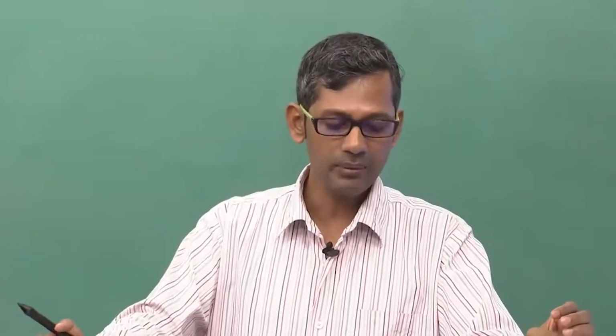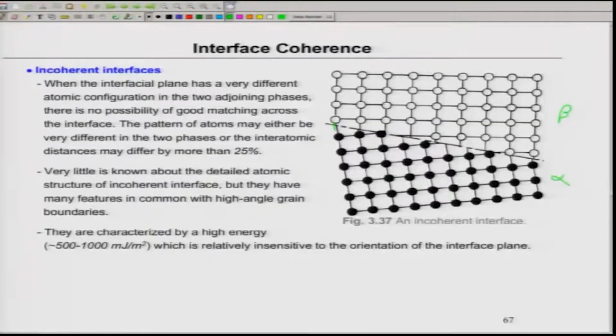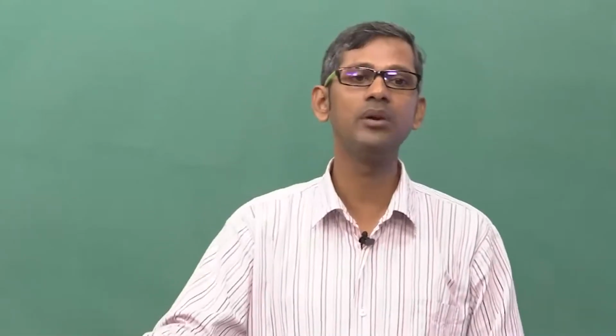Please try to understand that very little research has been done on such interfaces. We know that such interfaces do exist, but their atomic structure is not known yet, and they will have very high energy, about 500 to 1000 millijoule per meter square. The important thing is that this energy is insensitive to the orientation. It does not matter what the orientation is, the energy will remain constant.